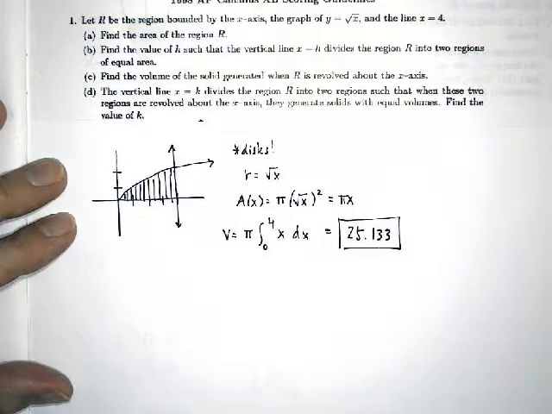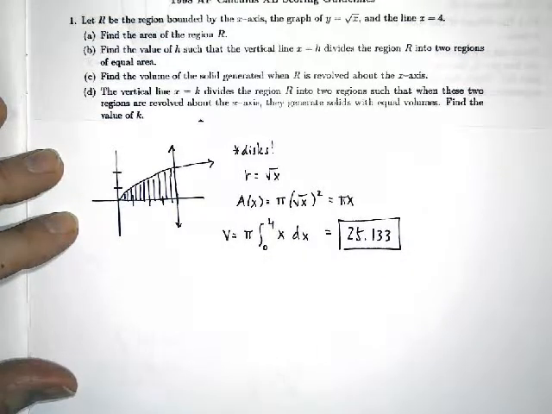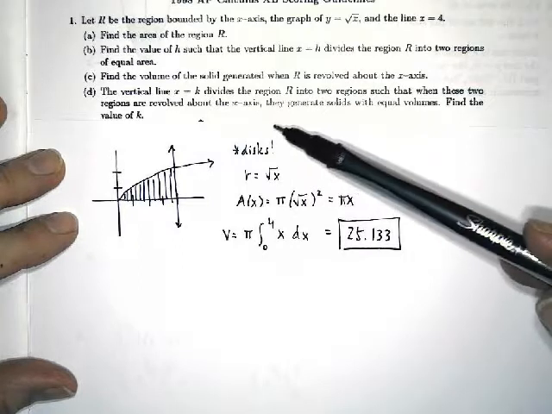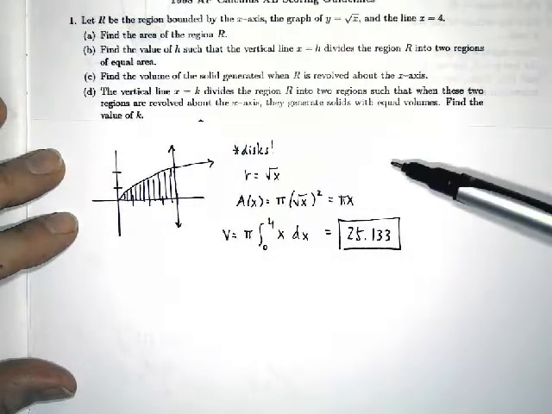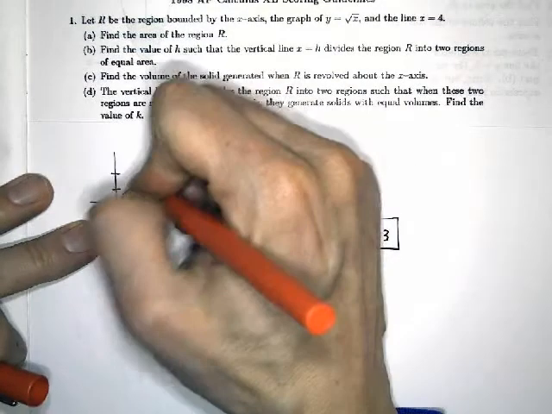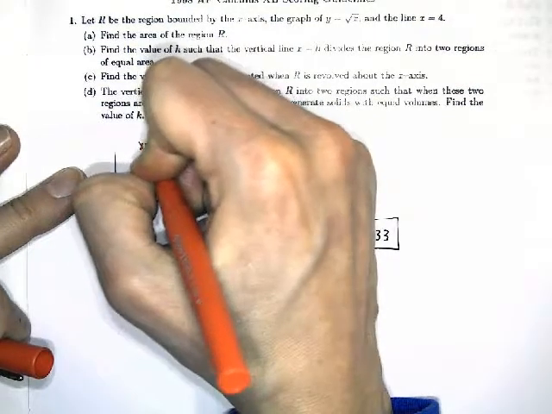Okay, so now the last part says I have a vertical line x equals k that divides the region into two regions such that when these two regions are revolved about the x-axis, they generate solids with equal volumes. And we need to find the value of k. So this one's really similar to our other problem.